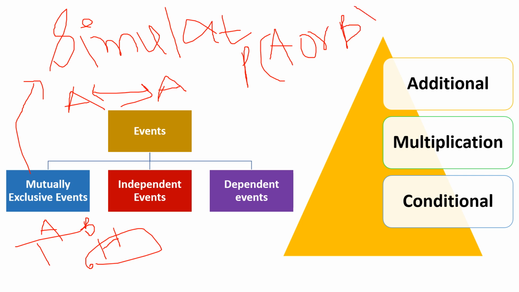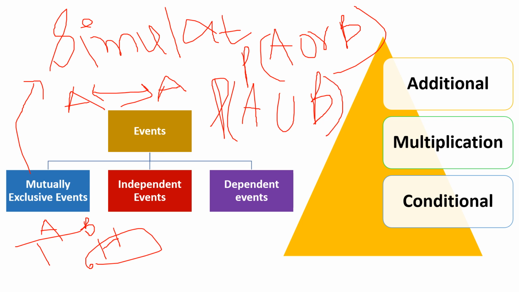It can also be written as probability of A union B. There are two formulas for the addition theorem, and I explained them in the axiomatic approach, so if you have not watched that, please go there.